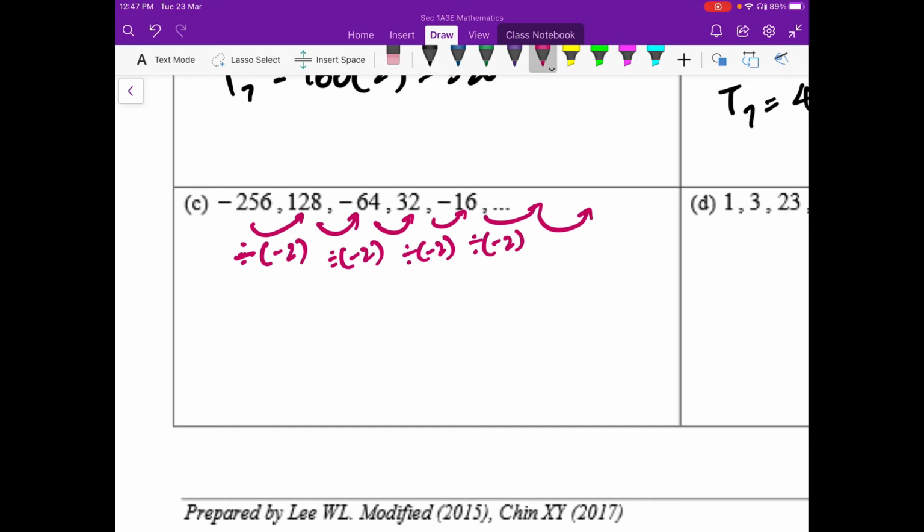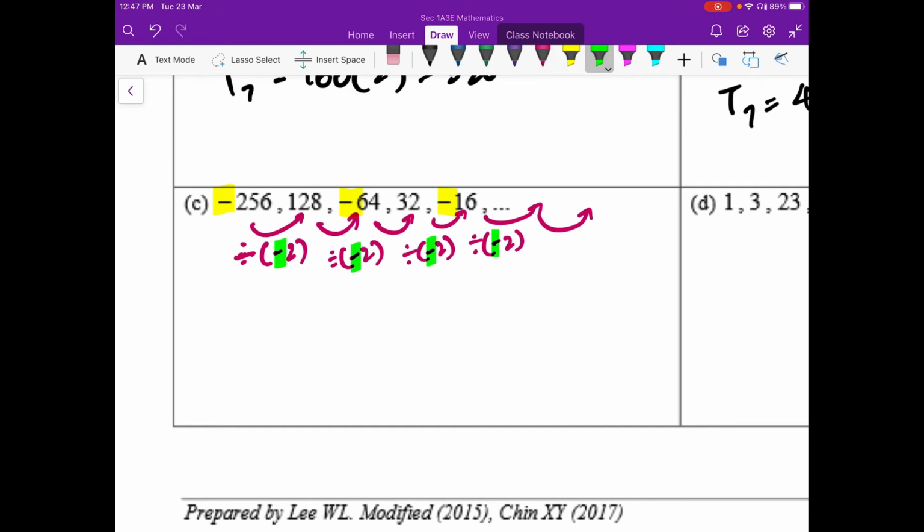Okay, now, all stop talking, look at the screen. Something I need to let you know. When you see a number pattern that has alternate sign, negative, positive, negative, positive, negative, positive, when you see such a number pattern, very likely it has got to do with a division or multiplication of a negative.